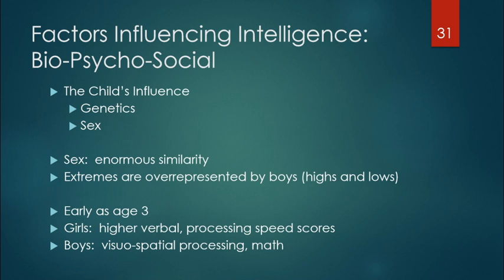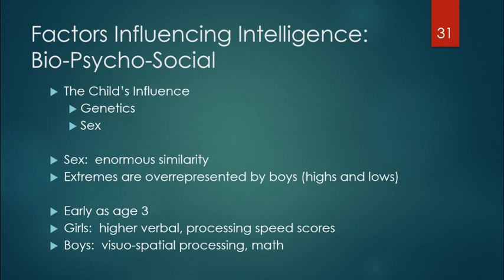Now, I want to say, first of all, that there is enormous similarity. There is more similarity between men and women, males and females, on IQ tests than there is differences. But some of the differences start to appear when we look at the extreme highs and the extreme lows of intelligence.